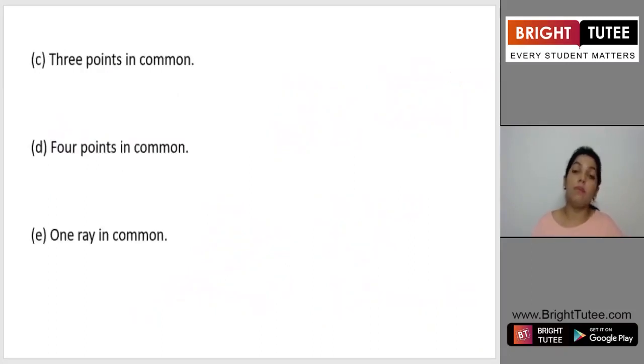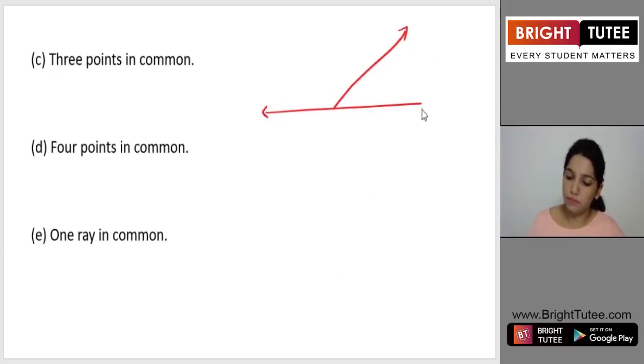Now, three points need to be in common. This is very simple. You can try this yourself as well. Say these are the two angles. Let's quickly name them A, O, B, C, and we need three points in common. One point is the point O itself. Then I can draw some more points.